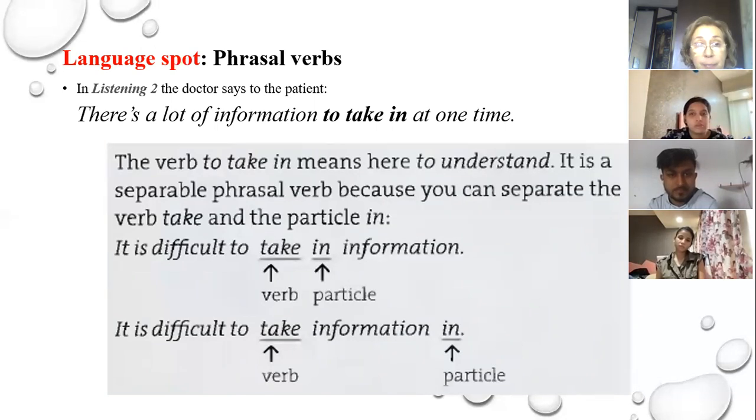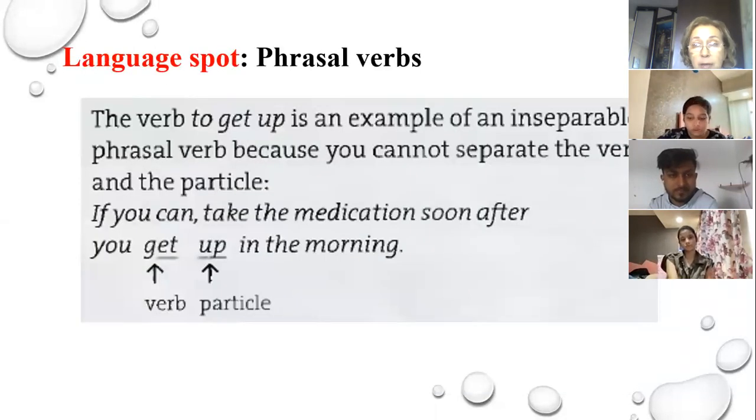If we have a look at the next slide, there is information about the so-called inseparable phrasal verbs. The example of such a verb is to get up, and they are called inseparable because you cannot separate the verb and the particle. Like in the example, you can take the medication soon after you get up in the morning.